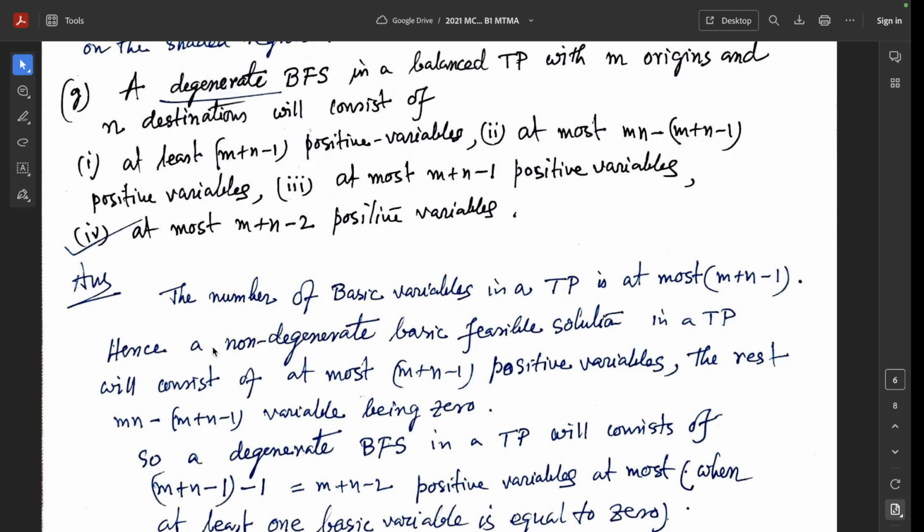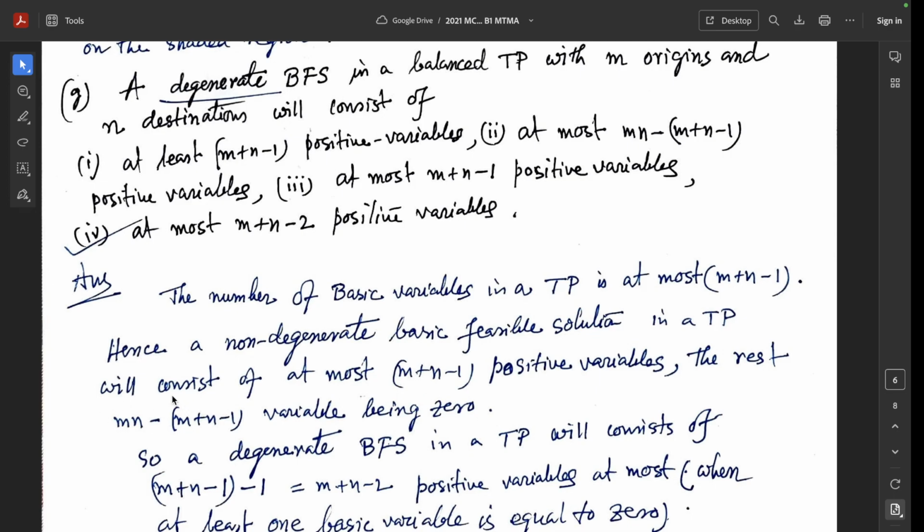Hence, a non-degenerate basic feasible solution in a transportation problem will consist of at most M plus N minus 1 positive variables, the rest MN minus (M plus N minus 1) variables being 0.